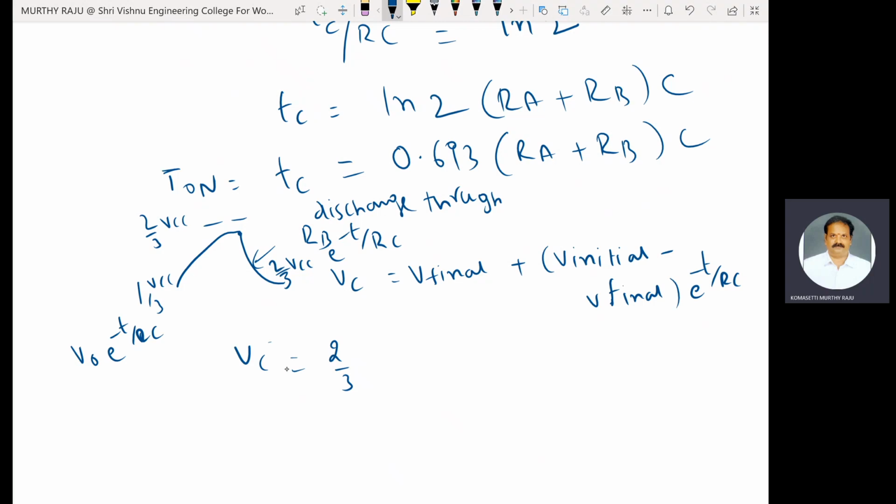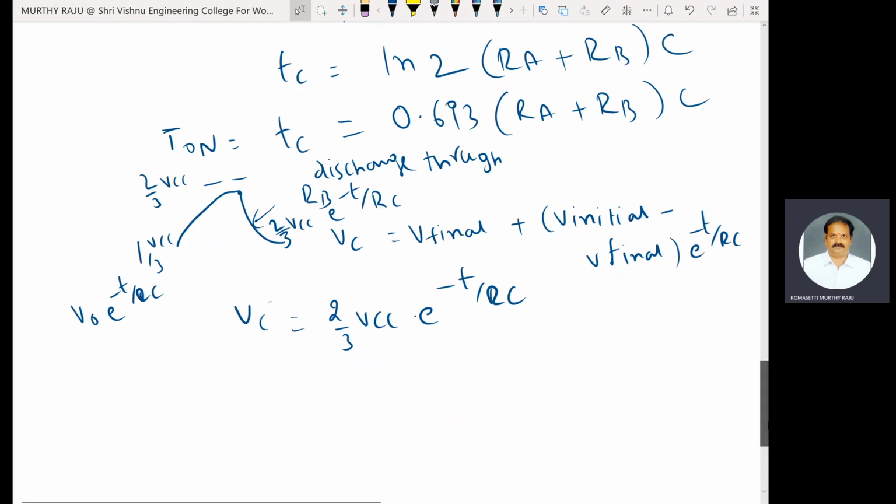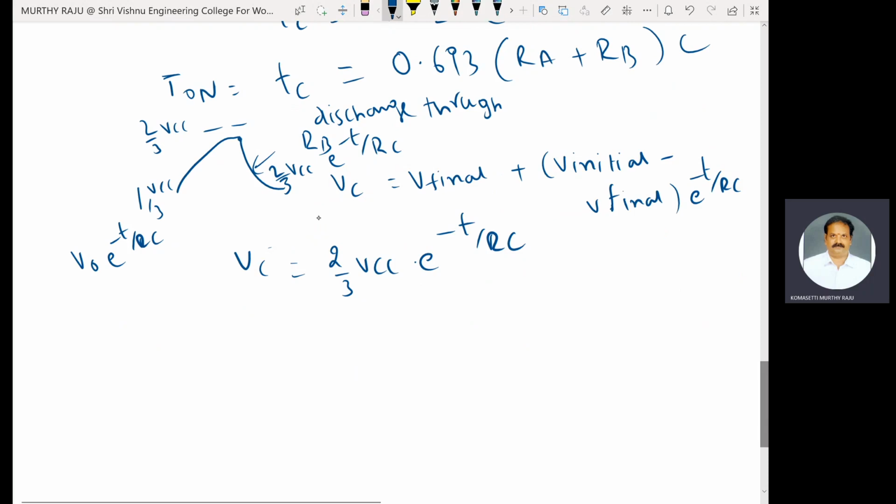VC is equal to 2/3 VCC in the discharging mode; 2/3 VCC is the initial value of the capacitor. Therefore, VC is equal to 2/3 VCC into e power minus t by RC. The capacitor voltage reaches 1/3 VCC.